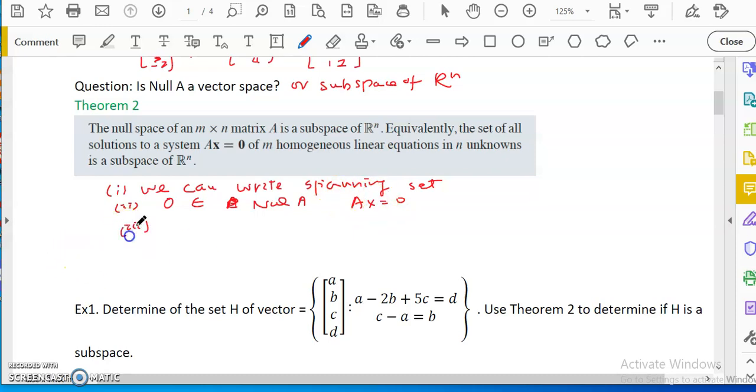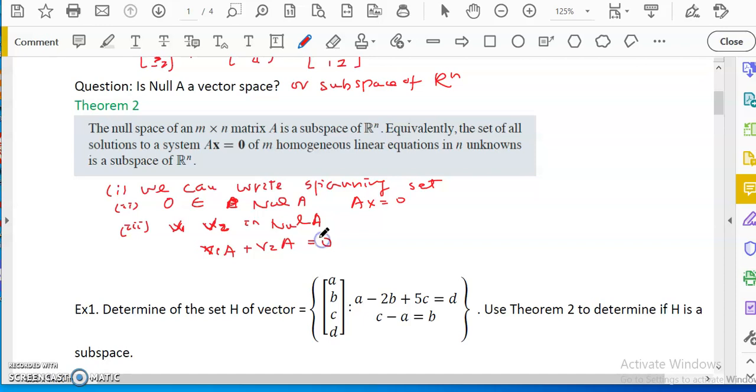We can also prove it by saying if v1 is in null A and v2 is in null A, then A times v1 is equal to 0 and A times v2 is equal to 0.